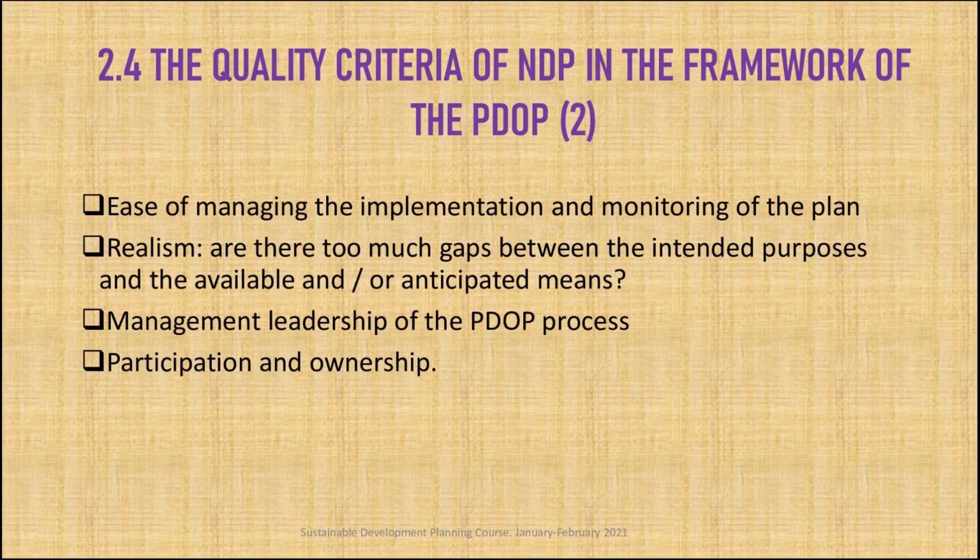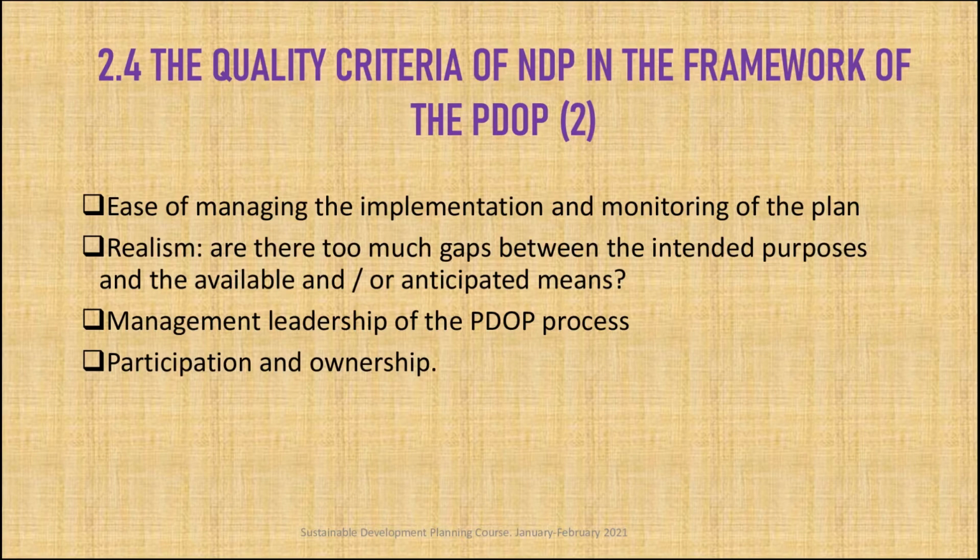And then come the criteria of the management leadership of the PDOP process. So it's important to make sure that the institution leading the process has the mandate, has also the capacities and the necessary organization to really lead the process, to bring it to the deliverable, to have the good plan. And last but not least is the participation and ownership.